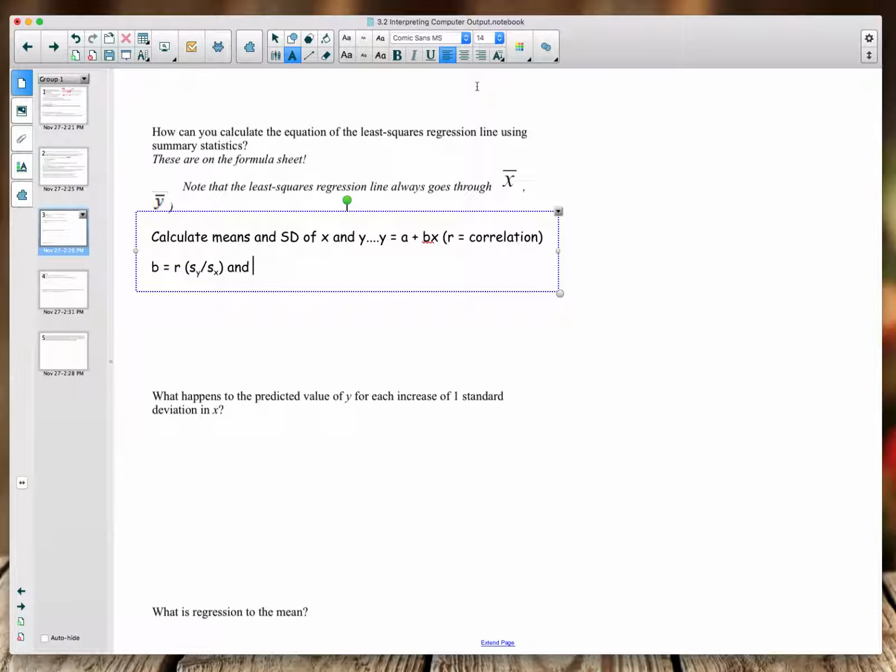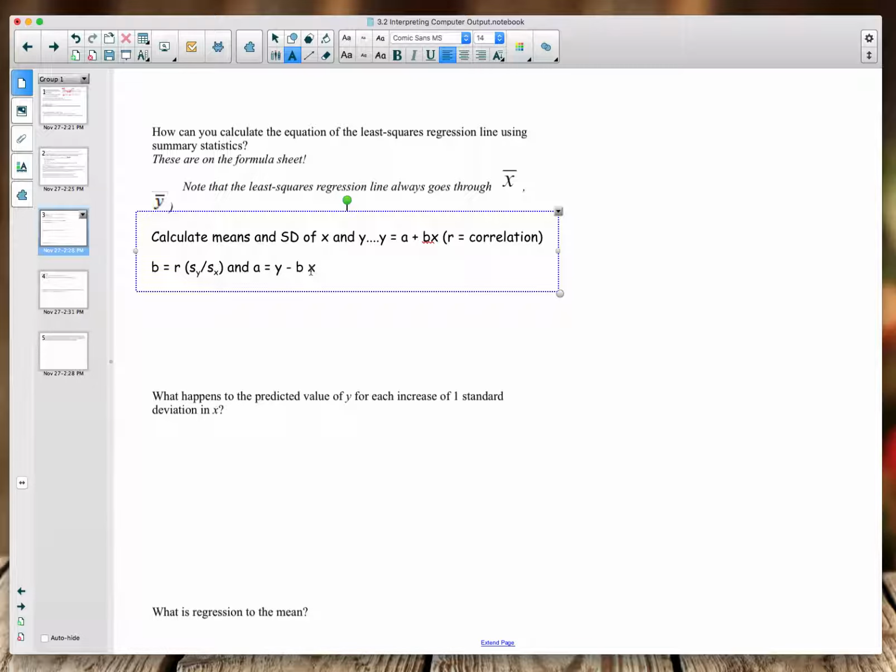And then to get your y-intercept, so that's your A, that is going to be the mean of Y, so Y bar minus your slope, which is your B, times X bar.